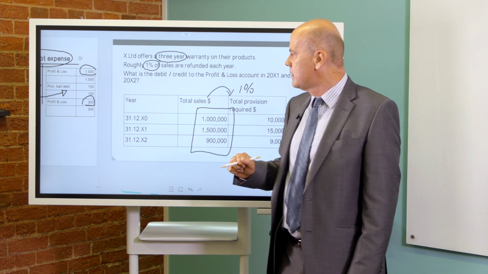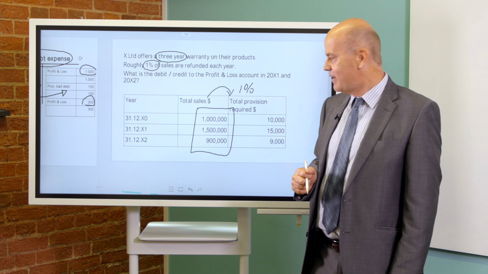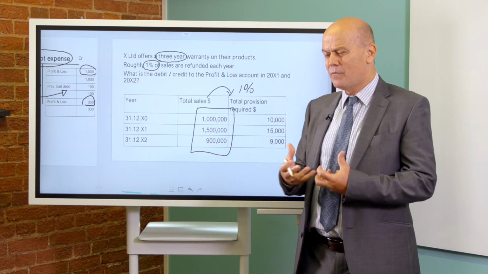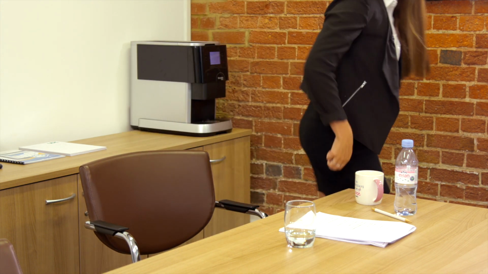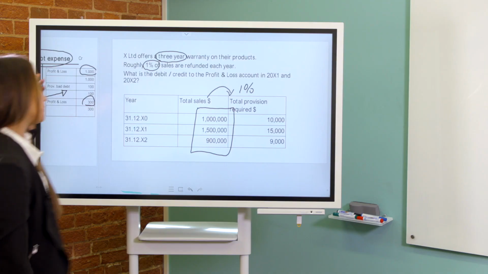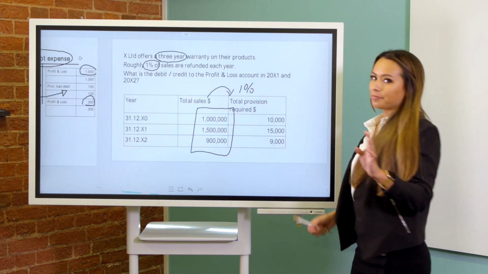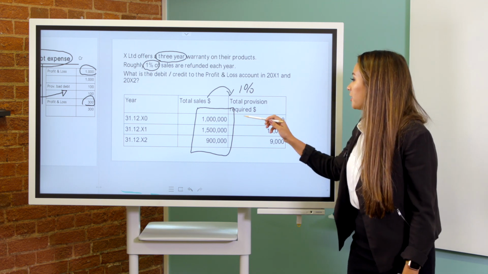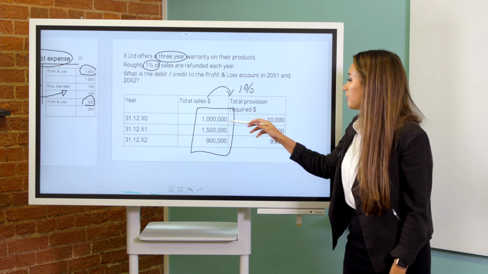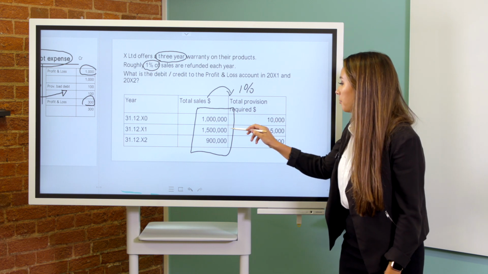And now what I'm going to do is ask Alex to come up, please, and explain what is the cost of this, the change of these provisions. Okay, so the first year, there's an increase in the liability here.